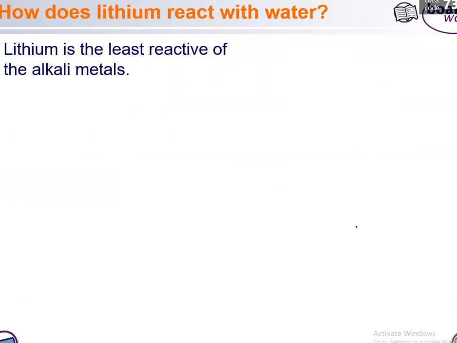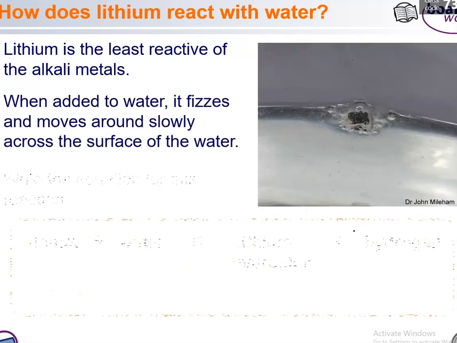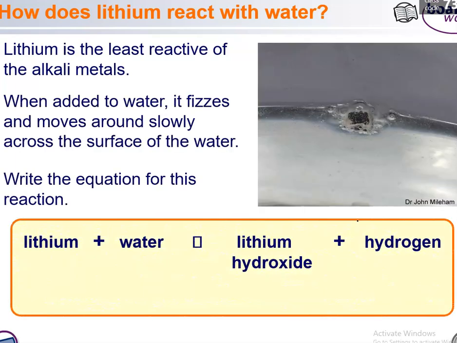Now, how does lithium specifically react with water? Lithium is the least reactive of all the alkaline metals. Why do you think so? Because of lithium's position at the top of the group. Remember that we said reactivity increases going down the group.